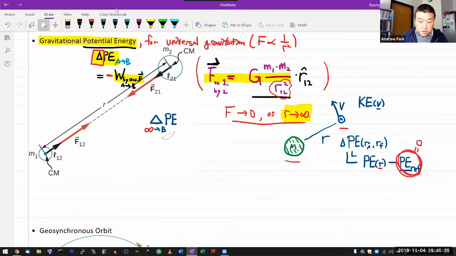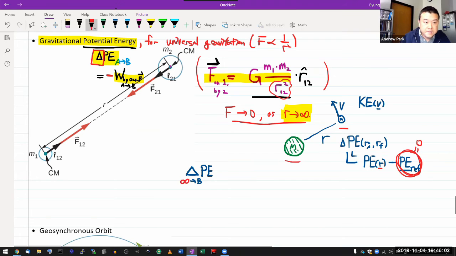So let me do the calculation of gravitational potential energy using this as the premise. This is the paradigm that I'll use to calculate the change in potential energy.